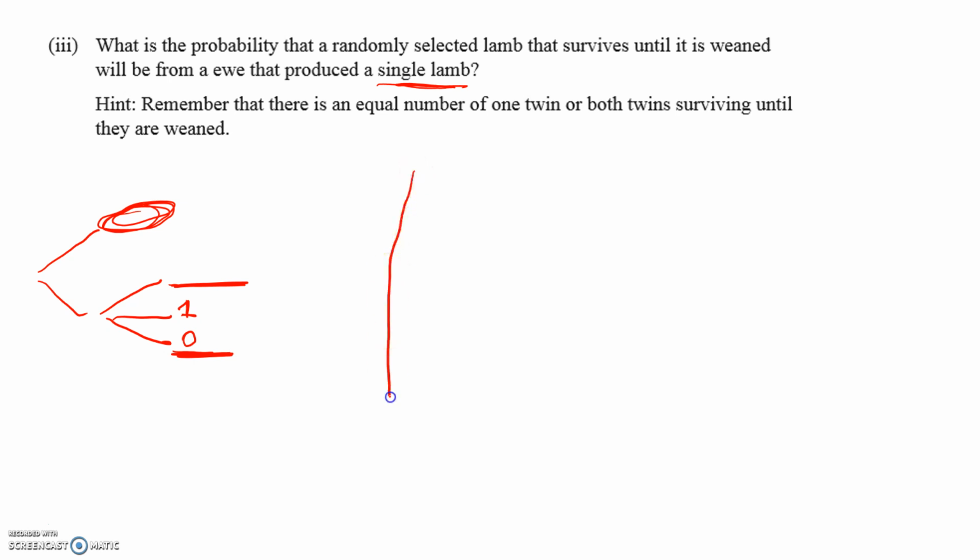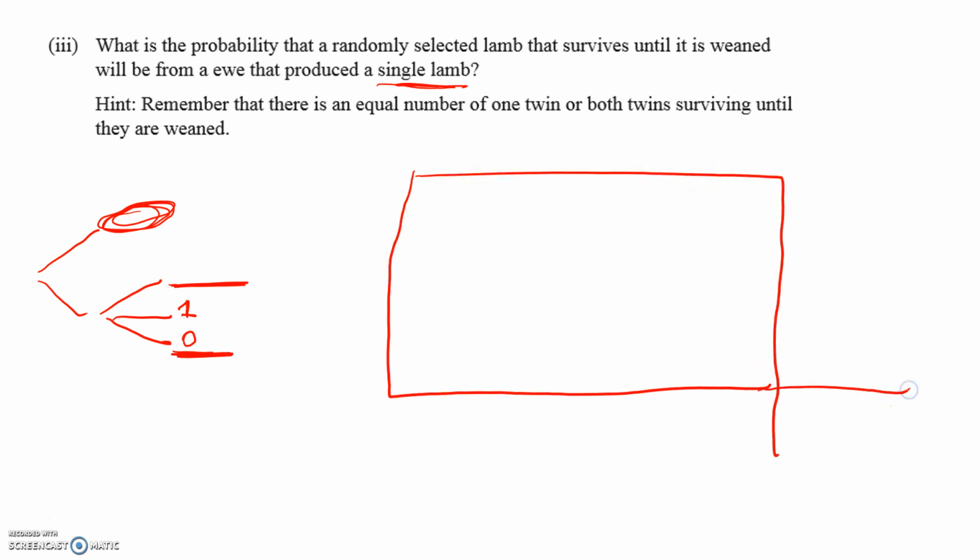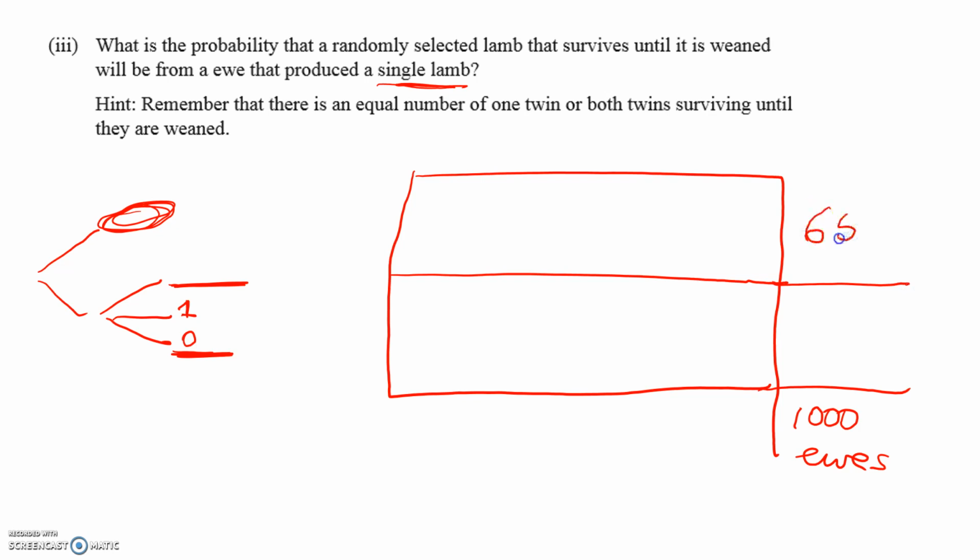1,000 births. Okay, so we've got 1,000 ewes, and we'll think about how many lambs they had. Well, we know from our tree that 650 of them had single births. So that's pretty straightforward.